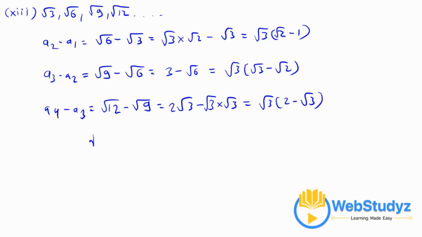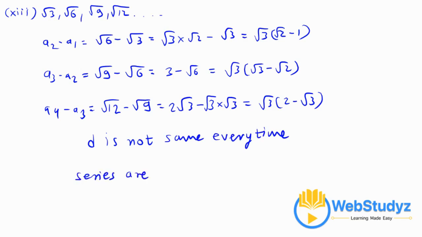So as we can see, D, which is the common difference, is not same every time. That means we can say the given series is not in AP.